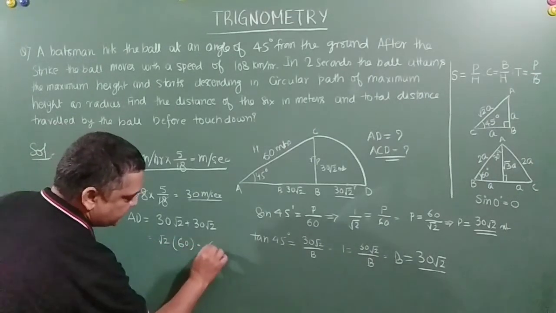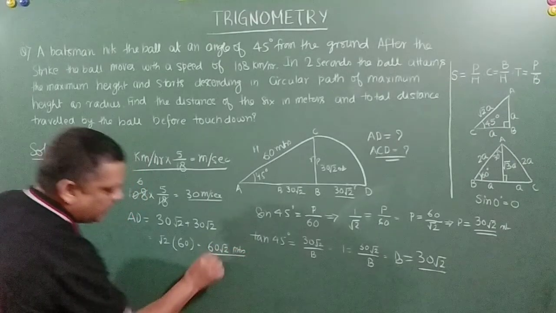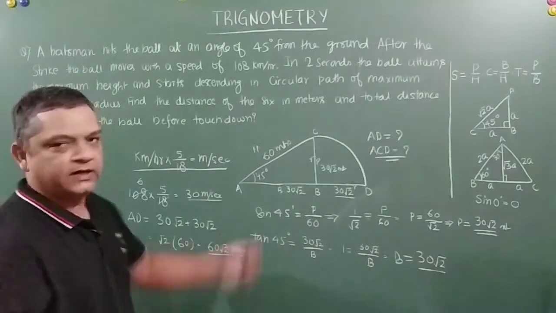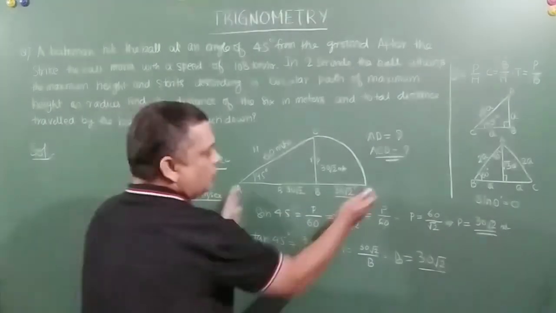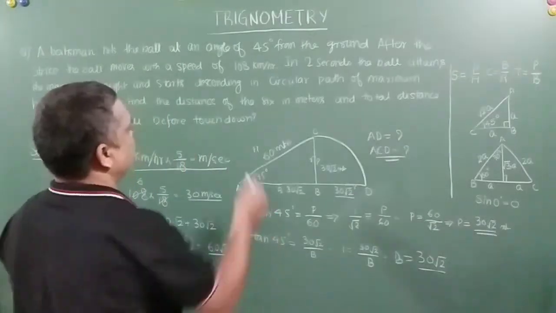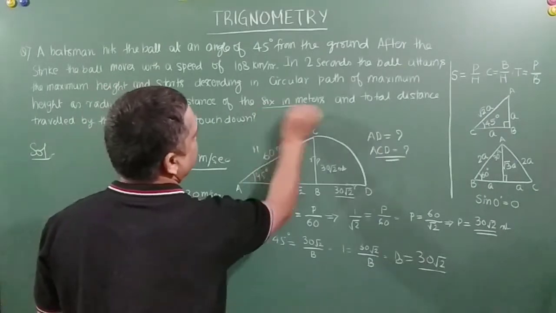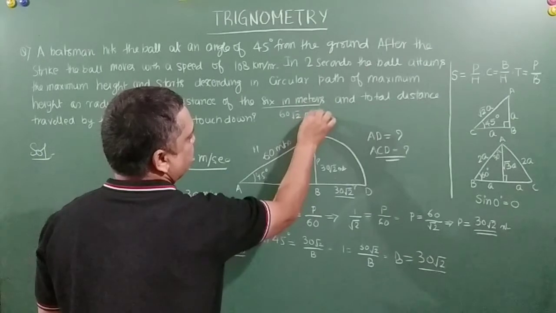That is equal to 60 root 2 meters. I am not converting into decimal, you may convert it at your leisure time. So the distance of this 6 is 60 root 2 meters.